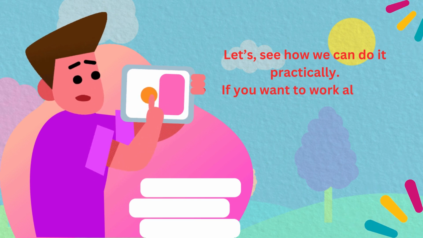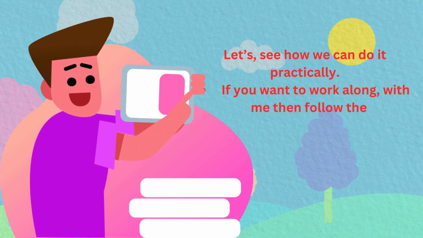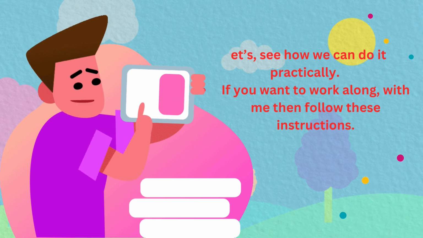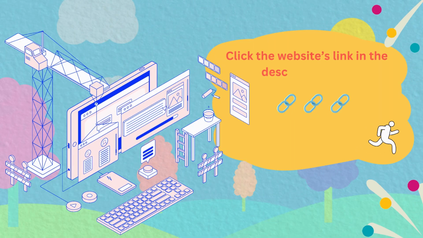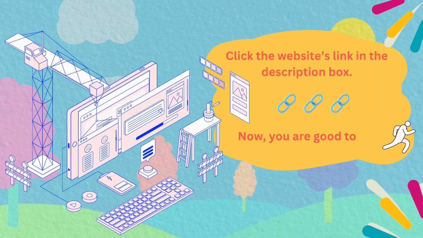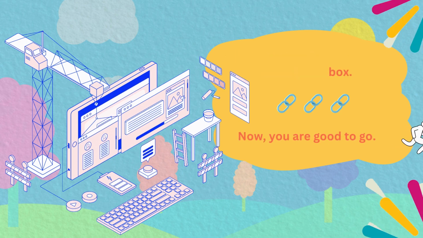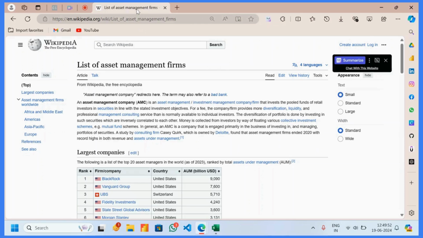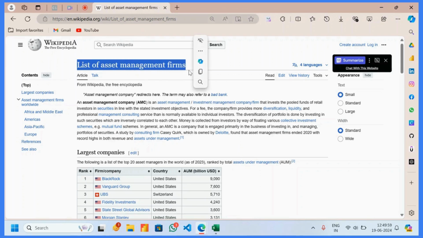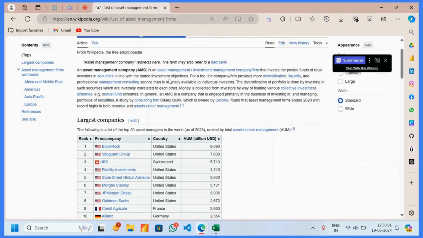If you want to practice along with me, then follow these instructions. Click on the website's link provided in the description box. Now you're good to go. Once you have clicked on the link, it will open a Wikipedia website, which is the list of asset management firms.